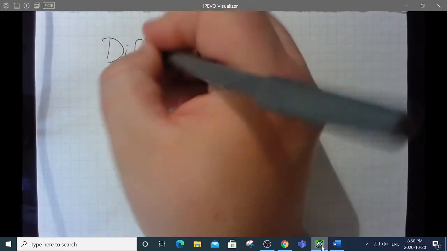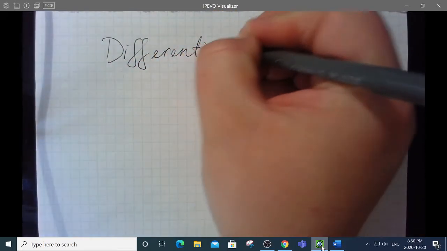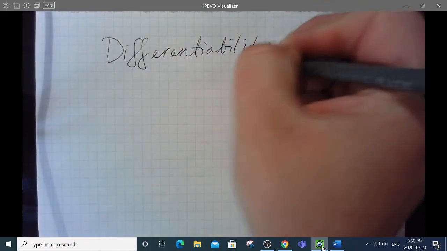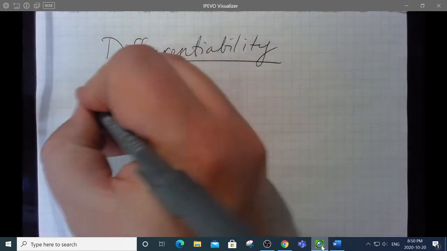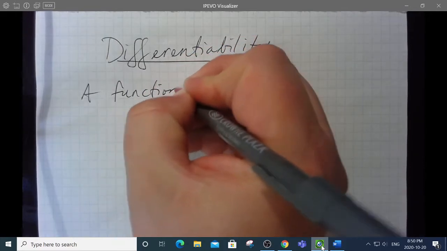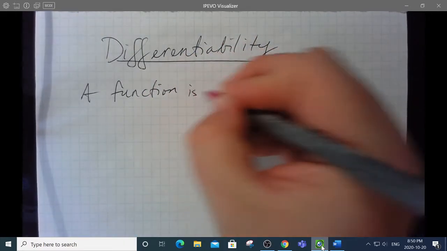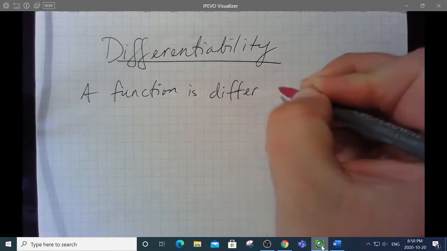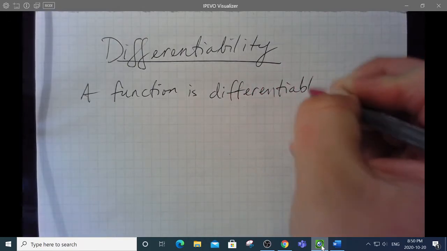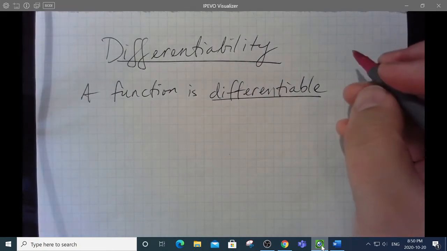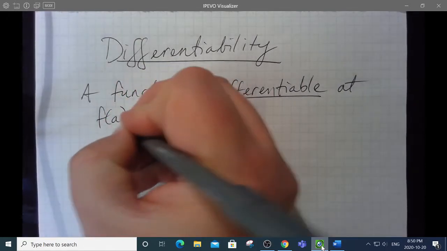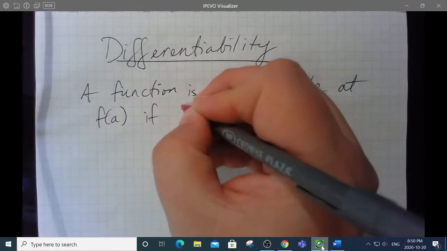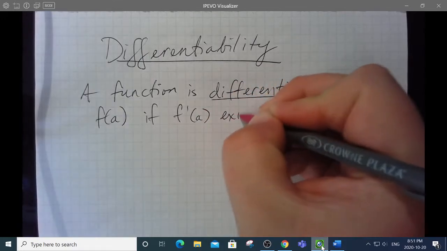We'll call this differentiability. There's a 25-cent word. Did I spell it right? Probably. Differentiability. So we would say a function is differentiable, in other words, I can differentiate it, I can find a derivative at f of a, if f prime of a exists.